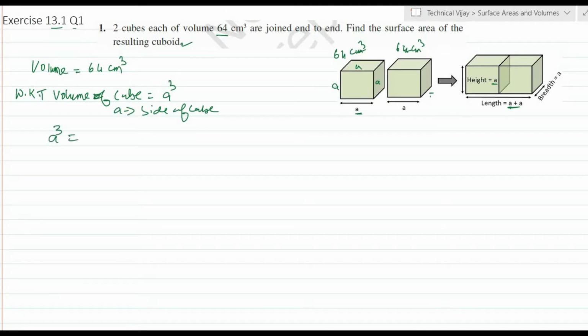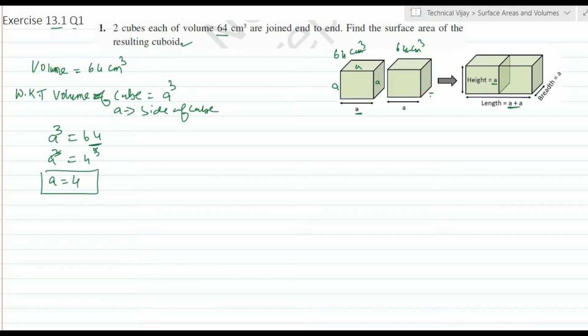Equating these two, A cube is equal to 64. This 64 can be written as 4 cube, because 4 4 is 16, 16 4 is 64. So the cubes get cancelled, and A is equal to 4. This is the side length.